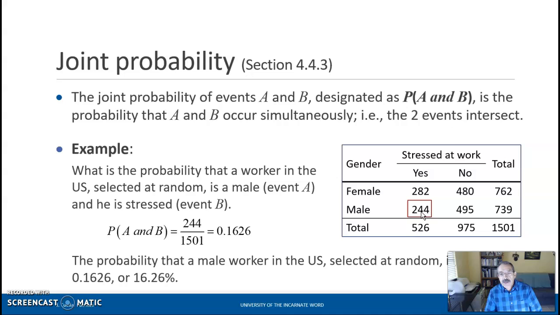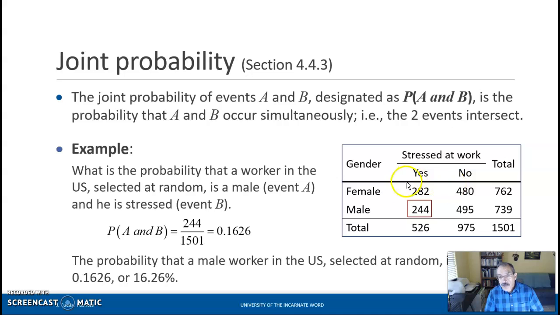To calculate this probability, we divide 244 by 1,501. If you do that, that results in 0.1626. We interpret this number as the probability that a male worker in the US selected at random is stressed is 0.1626 or 16.26%.